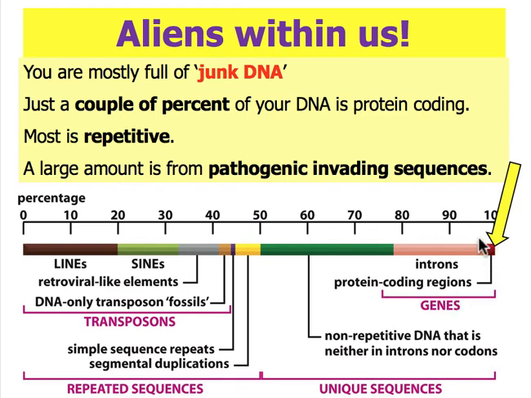So only 2% of our DNA actually results in the production of messenger RNA, and that messenger RNA then codes later on for proteins. That is a tiny amount. The introns represent a further 20% or so. So only about 22% of our DNA can be recognized as being part of genes.